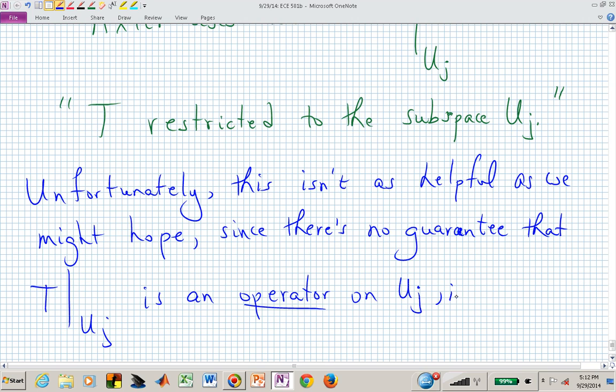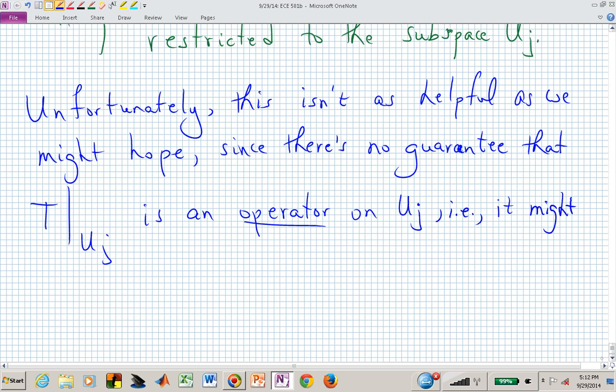Remember our definition of operator. An operator starts with a vector space and moves us back into that vector space. That is, it might map some vectors to other subspaces.